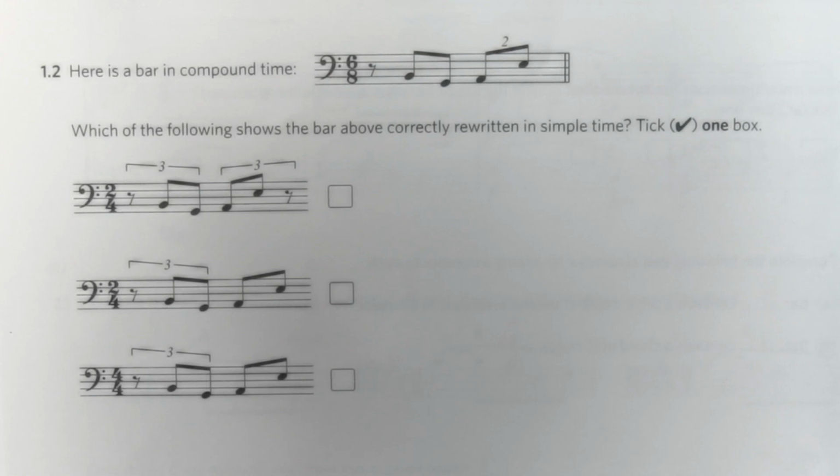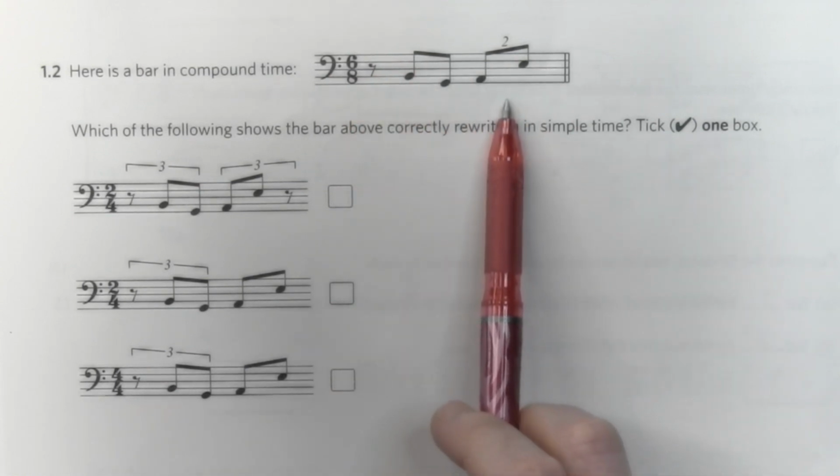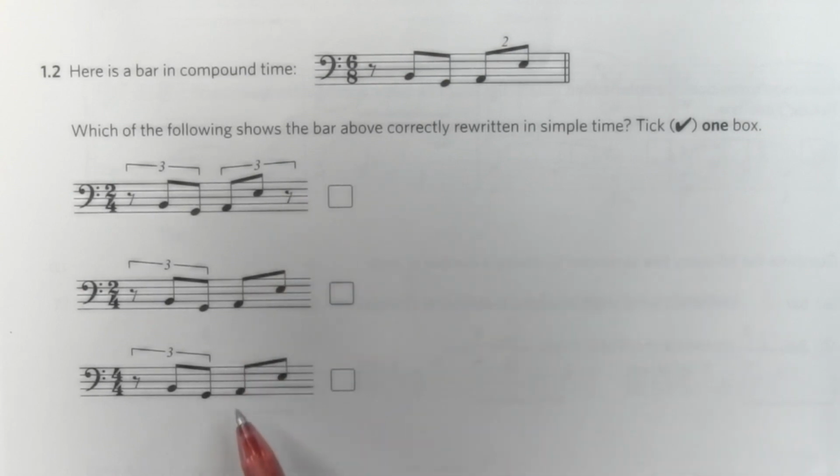The second question asks us to compare this compound time bar with one of the options and tick the option that is correctly rewritten in simple time. So let's have a look.